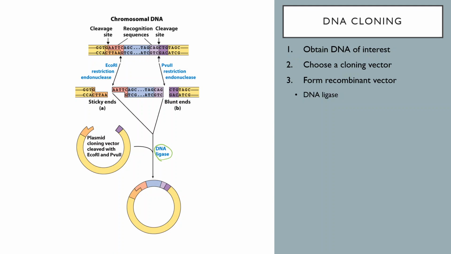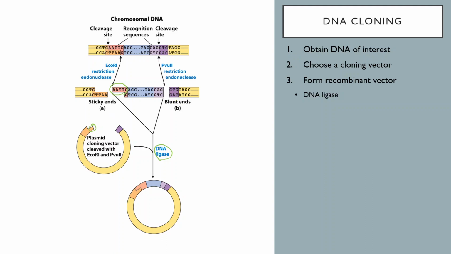If you cut your DNA of interest with EcoR1, for example, and you also cut your plasmid with EcoR1, the single-stranded overhang of the DNA of interest and the single-stranded overhang of the vector will match, and be able to recognize each other.